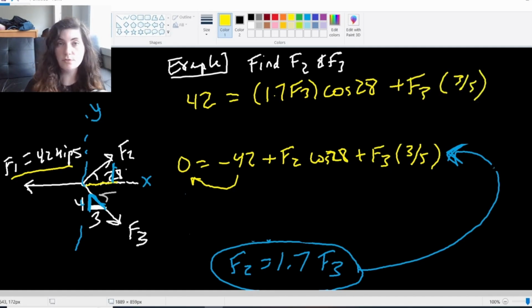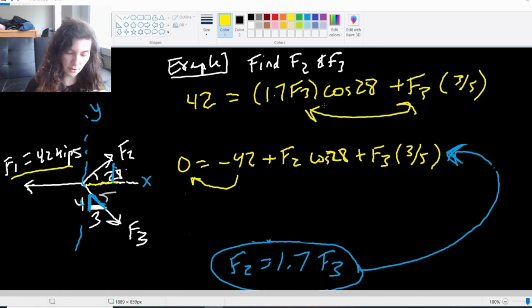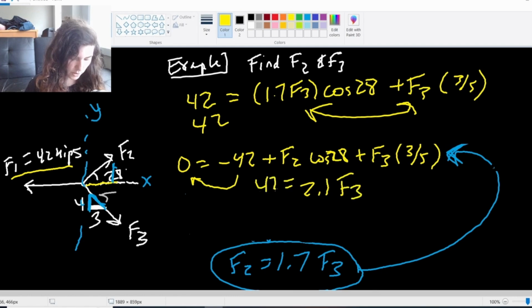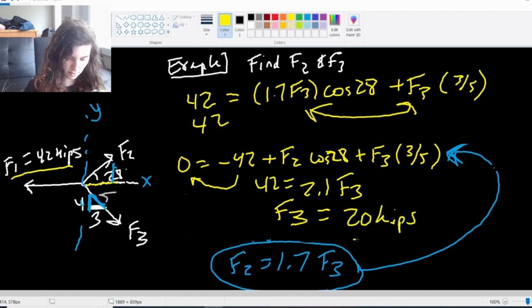From this point, it's just your basic algebra, combining these two terms together, equals 42. If I combine these terms together, I get 2.1 f3 equals 42, and just dividing that out gives me f3 is 20 kips.